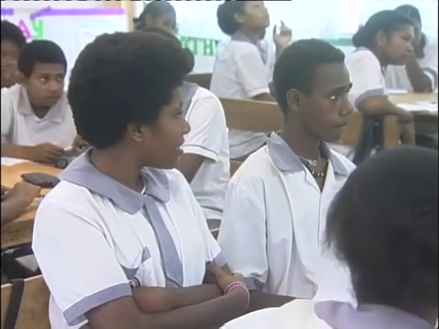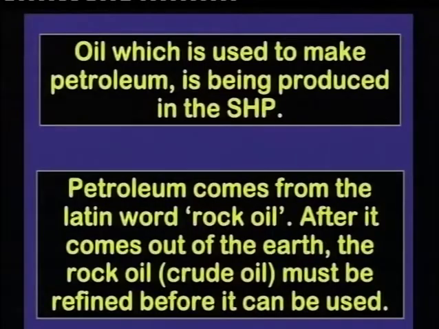Okay, let's move on. Now let's look at oil. Oil is another type of valuable resource that we have. Oil, which is used to make petroleum, is being produced in the Southern Highlands province. Petroleum comes from the Latin word rock oil.